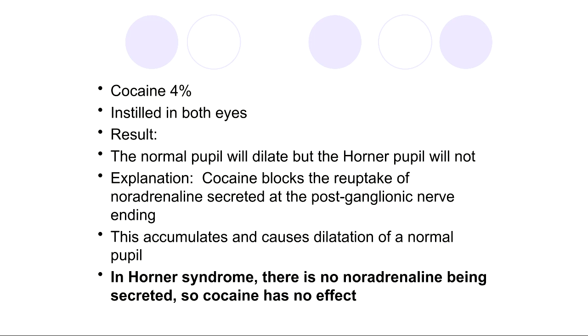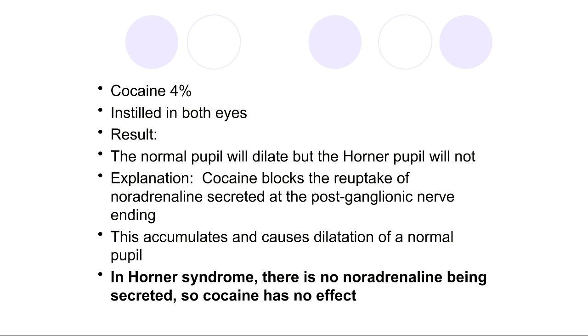Why? Cocaine is going to block the reuptake of noradrenaline secreted at the postganglionic nerve endings. Whereas in the normal pupil, the noradrenaline is going to accumulate and cause further dilation of the normal pupil. So you will see an increase in the anisocoria, but not from the Horner's pupil.